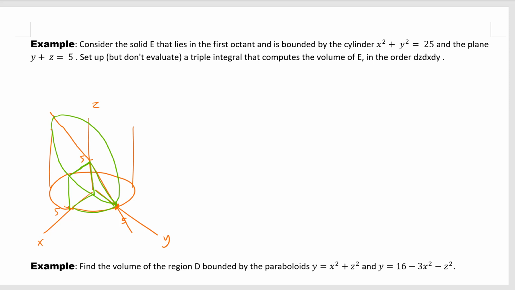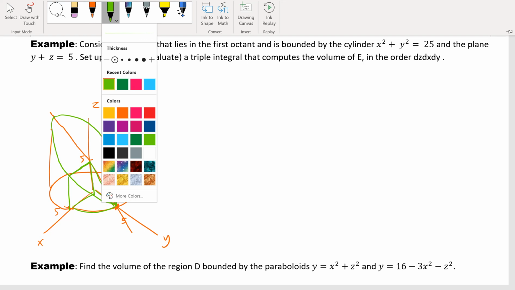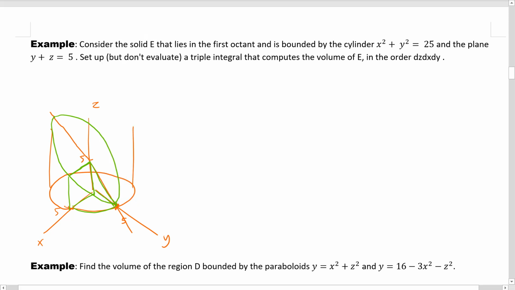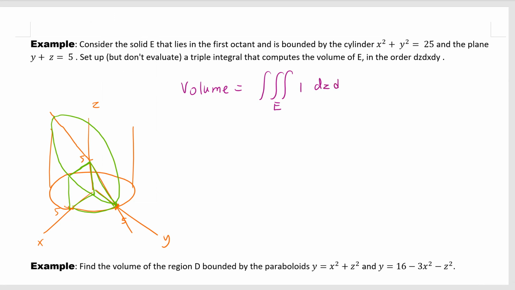And then we want to set up a triple integral that computes the volume. Let me use a different color. So volume equals the triple integral over region E of dV, but we choose the order dz, dx, dy.